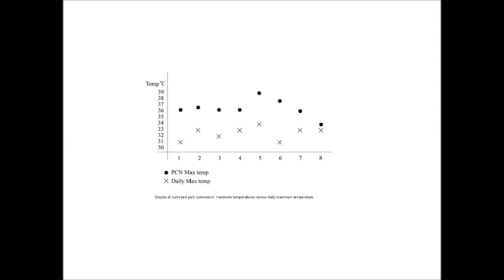Even though the official weather condition on the surveyed dates was similarly hot, at 33 to 31 Celsius, the maximum micro-ambient temperature of the 8 park connectors shows almost a 5.2 degree difference between the hottest park connector and the coolest park connector.